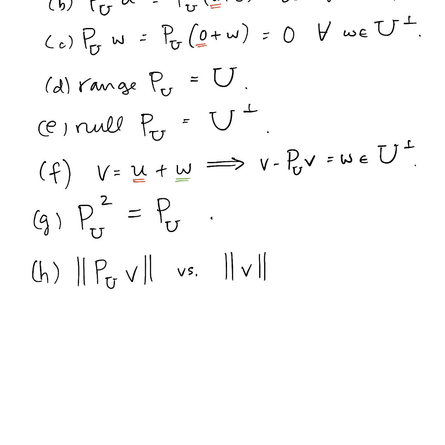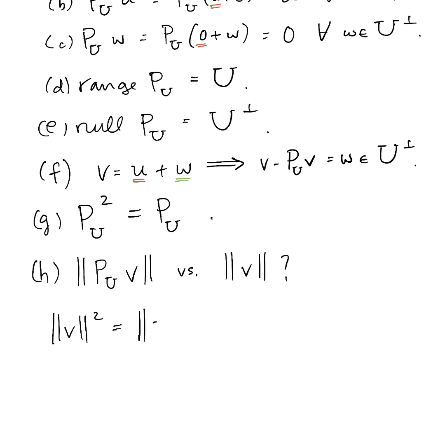Do inputs get smaller after you do the projection, norm-wise? Or does the projection grow the size of vectors? And you can see, if you want to ask and answer that question, let's think about, for a typical V, let's look at the square of the norm of V.